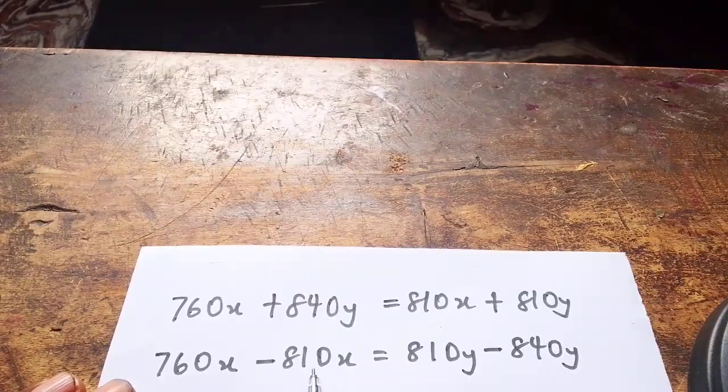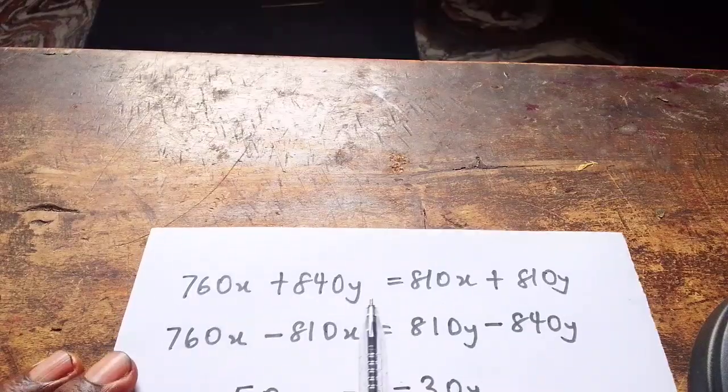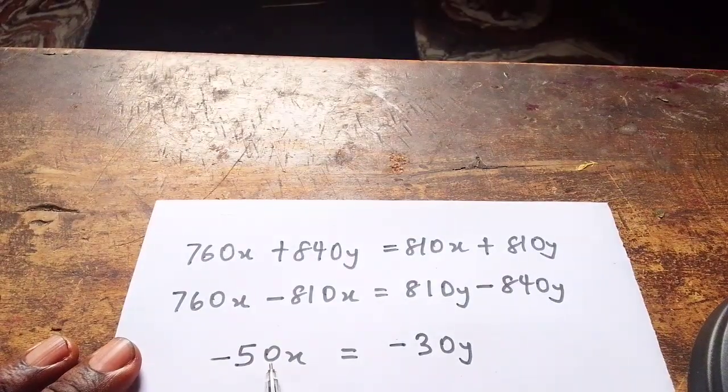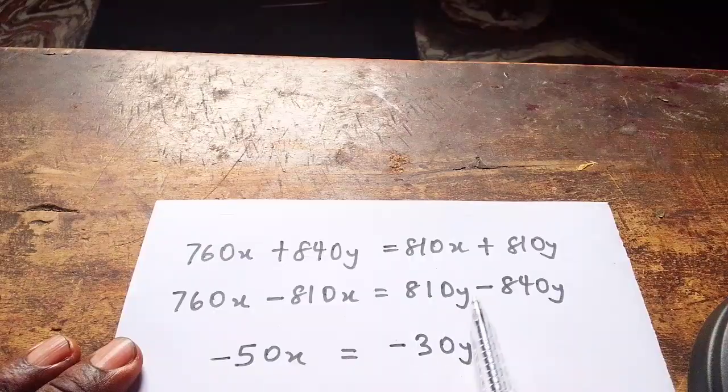760X minus 810X will give you minus 50X is equal to 810Y minus 840Y will give you minus 30Y. Now, we are looking for a ratio.